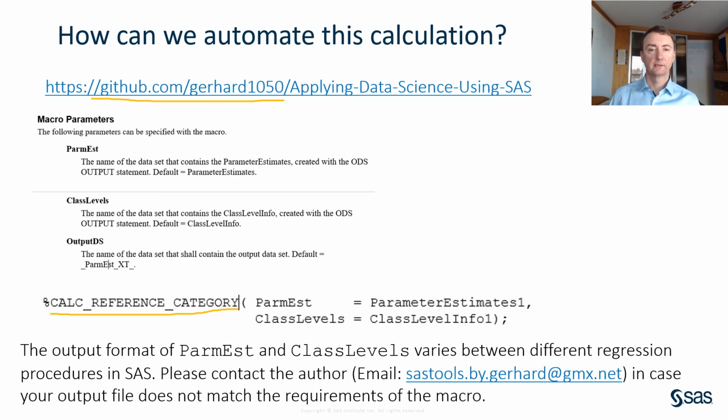In parallel, I'm also preparing a contribution on SAS communities where you can read an article about the application of the macro and the business case, and I will also add this to the appendix of this webinar series.